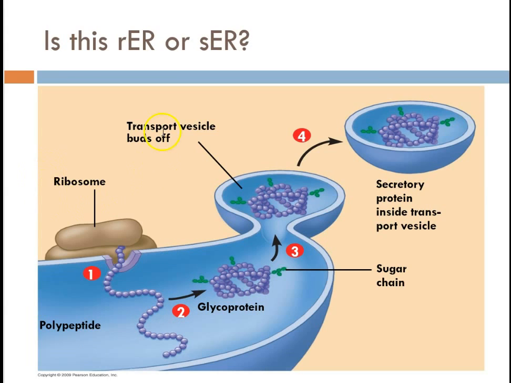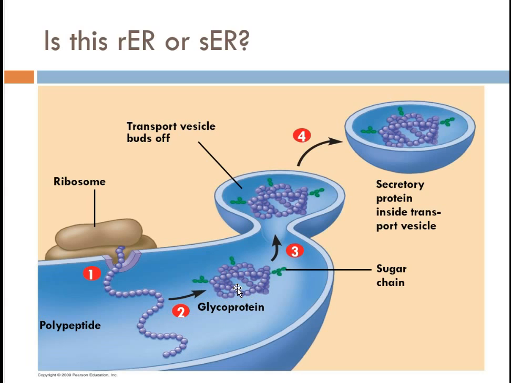So if this was the nucleus, you could see a ribosome, and a ribosome is going to make the proteins. And if you recall back from chapter 3, a protein is basically just amino acids put together in the right order, and eventually they start to fold in a specific way.